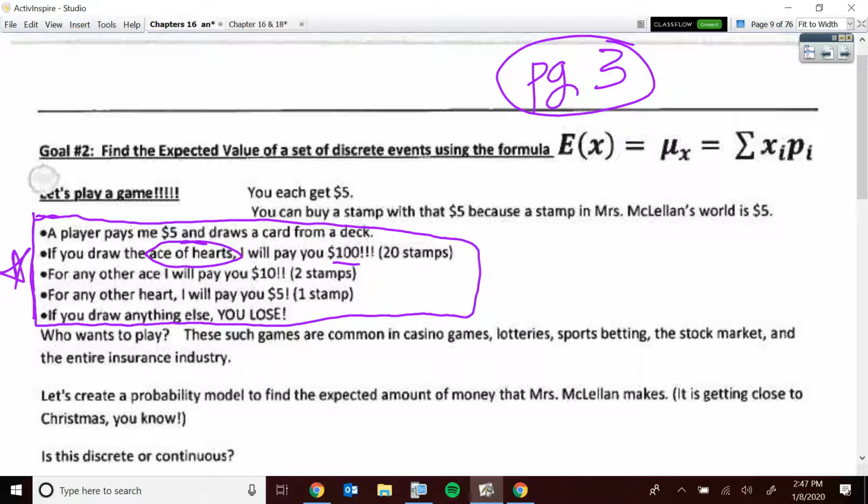So you just made a whole bunch of money. You made $95 more than what you already had. For any other ace, you get to double what you started with. You gave me 5, but I had to give you 10 back. For any other heart, how many other hearts are there besides the ace of hearts?